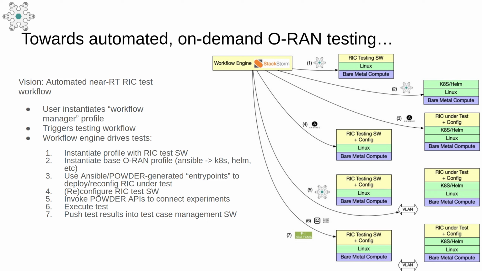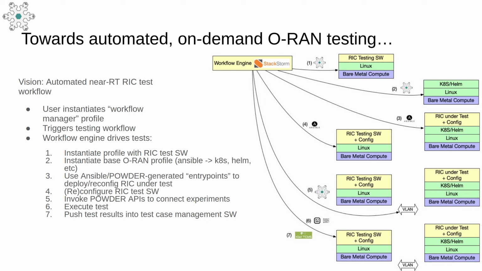So in this case, we would have in the left column a RIC testing software stack. It could be an off-the-shelf testing stack provided by a vendor, could be an open source stack, whatever the case may be. And in the second column, we have the instantiation of the base ORAN profile, which for POWDER provides the OSC and Open Networking Foundation SD-RAN RICs.